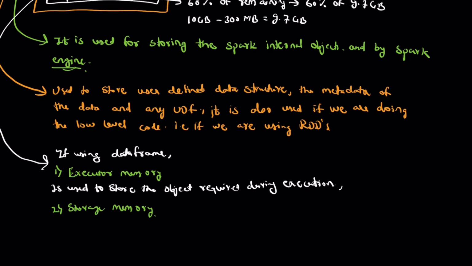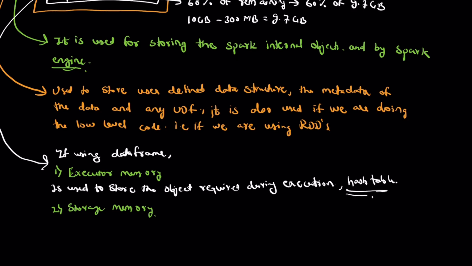It can be like storing the hash table. In our shuffle sort join versus shuffle hash join video, we mentioned that shuffle hash join takes place in memory. So this is where the hash table is stored within the memory. And we talked in that video that if our hash table is too big, we may get executor out of memory. So this is one of the reasons that we get executor out of memory.